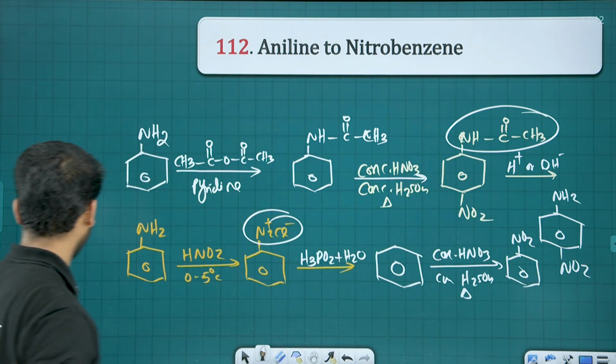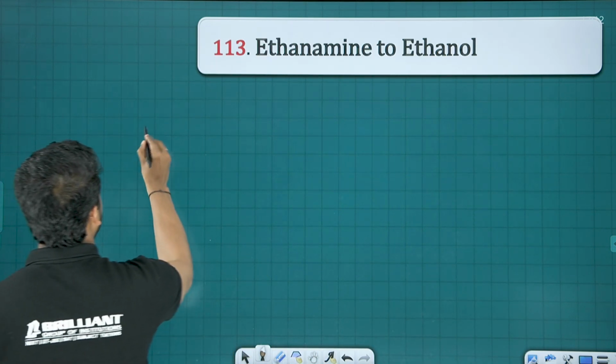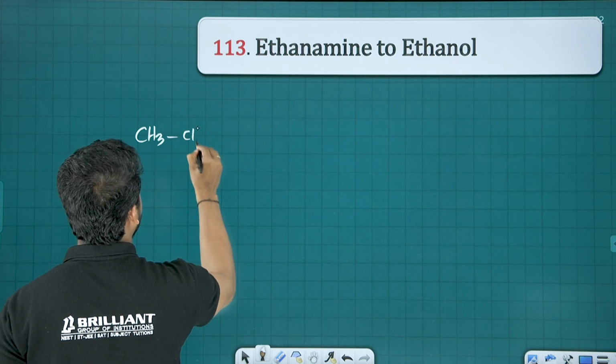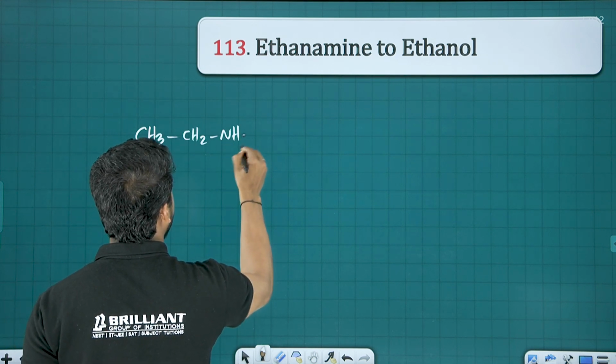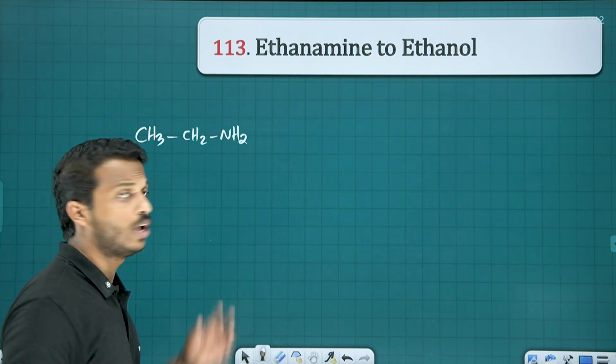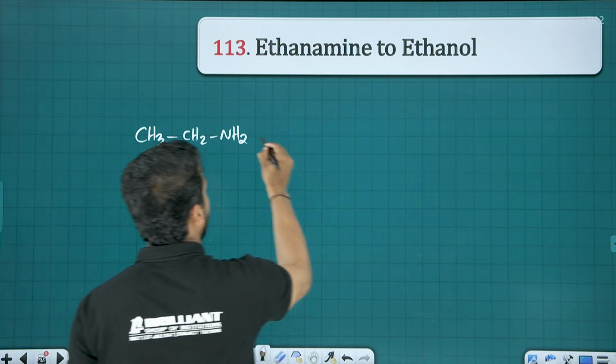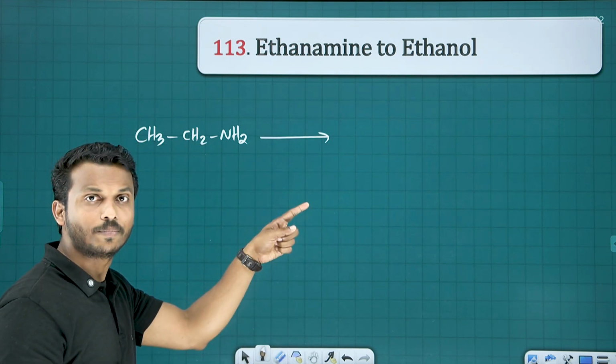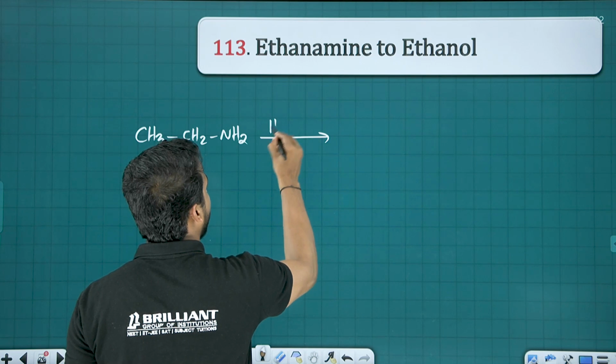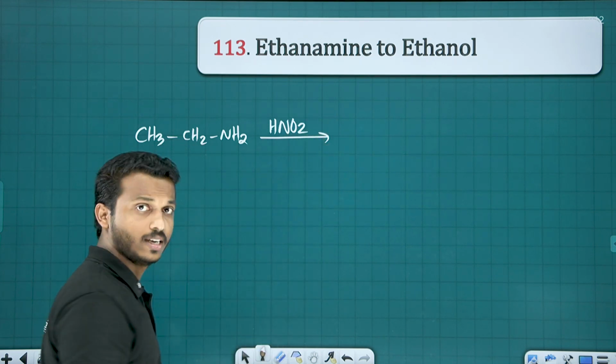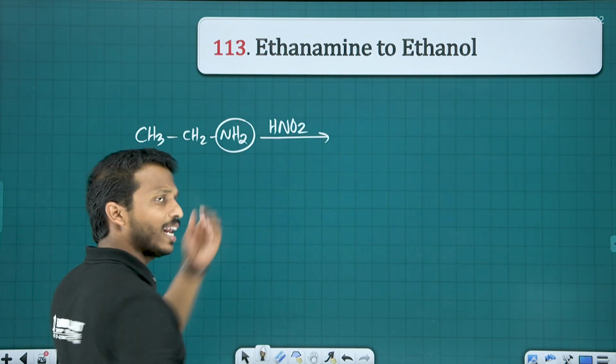Okay, nitrobenzene. Next one. How will you convert ethanamine, CH3CH2NH2, to ethanol? Simple procedure. This is an aliphatic amine. When an aliphatic amine reacts with nitrous acid, you can directly write alcohol.